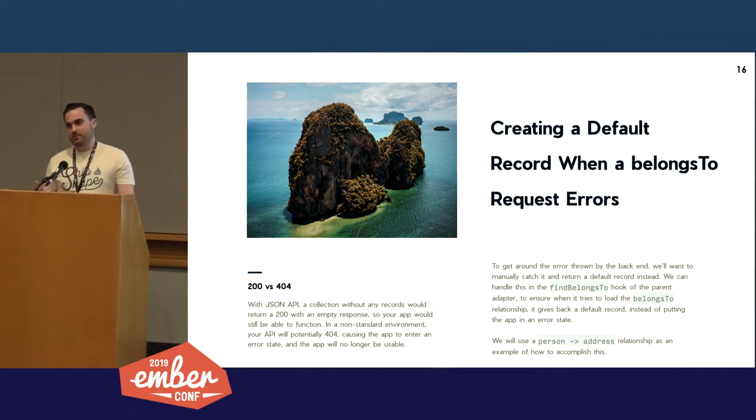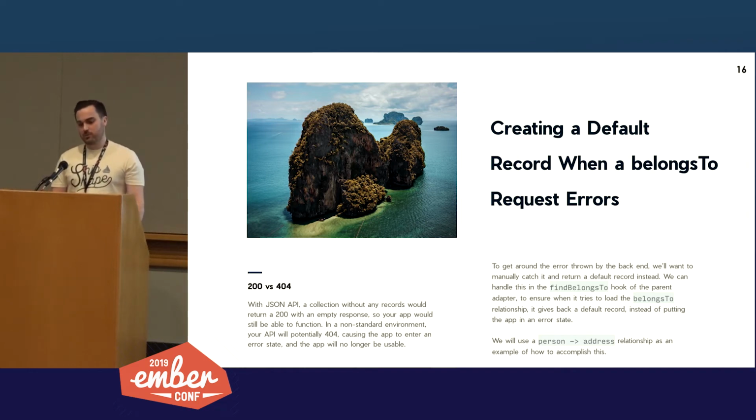And that's going to cause your app to enter an error state, which is not good because you want your user to be able to still use your app. So if you want to catch that and keep the app going, you can use findBelongsTo, and you can ensure when it loads the belongsTo relationship, it's going to create a default record instead of 404ing and give you that back so that you can keep using the app.